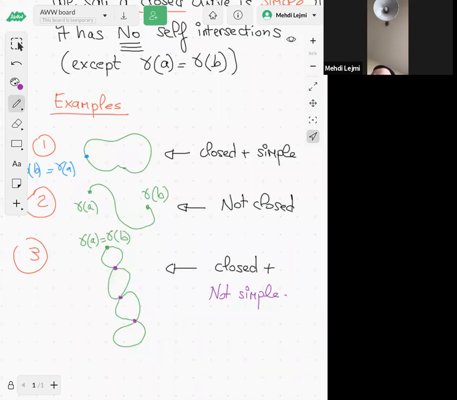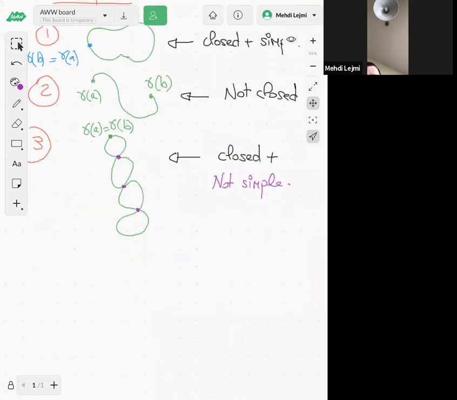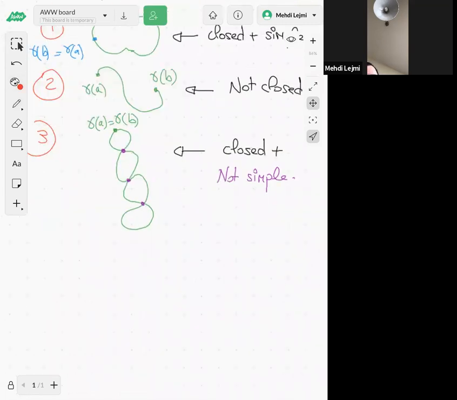Now, another important remark about closed and simple curves is that, in general, they have two possible directions or two possible orientations, right? So, for example, I'm going to take a numerical example. Example number 4.